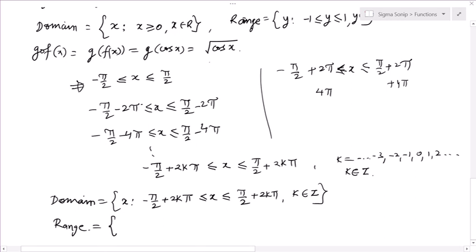So under the square root sign we are only going to have values from 0 to 1. So the range will be 0 less than or equal to y less than or equal to 1, and that finishes it.